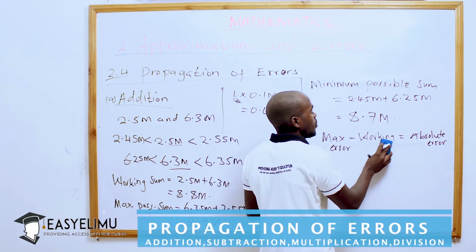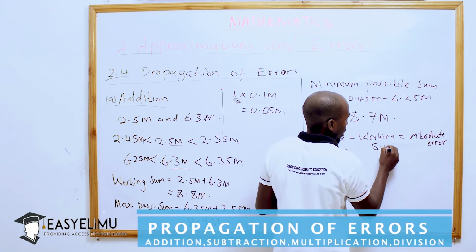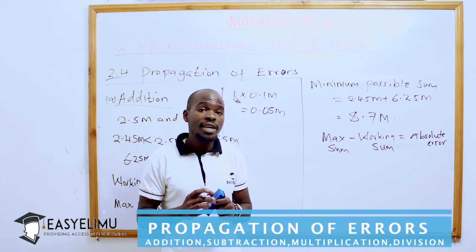Actually, we were dealing with the sum, so it's not error. So maximum sum, and this is the working sum. And if we do that, we shall get the absolute error.